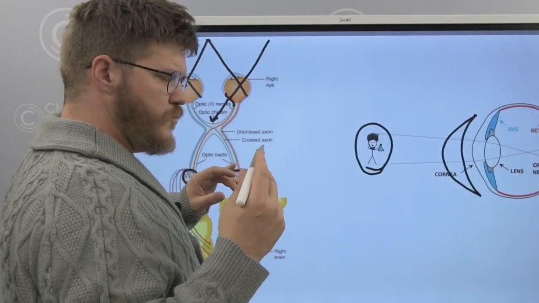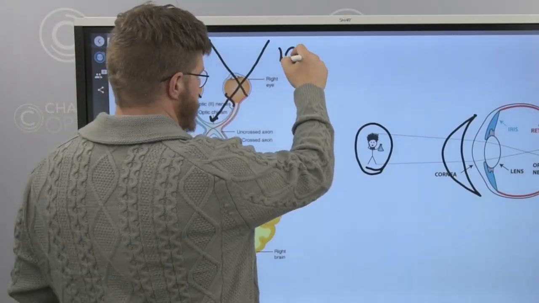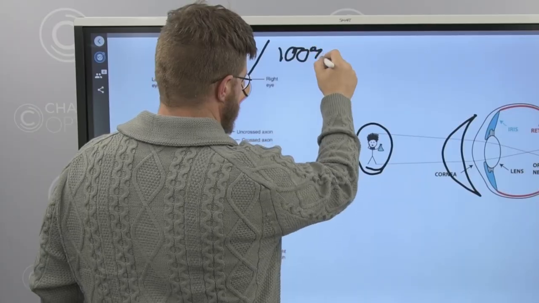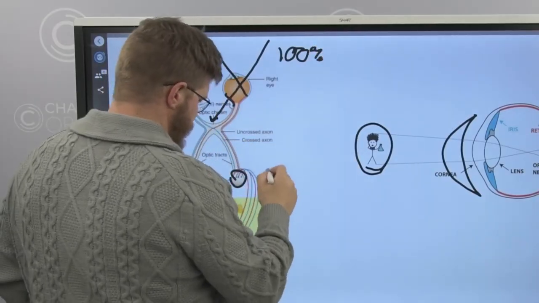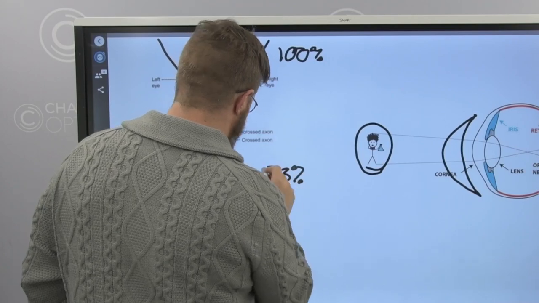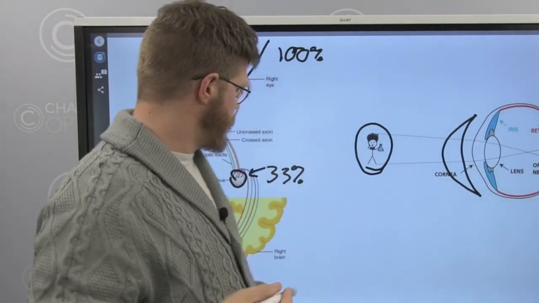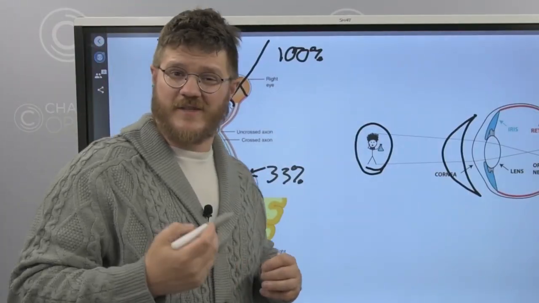So what's happening is here you start with 100% of your data coming into your retina. And what's interesting is about 33%, about a third, gets dropped off here. And we never actually see it in the traditional sense of seeing, but that doesn't mean that our body doesn't use it.